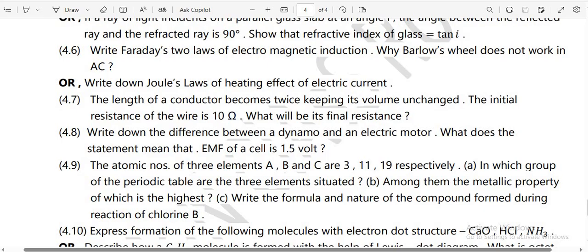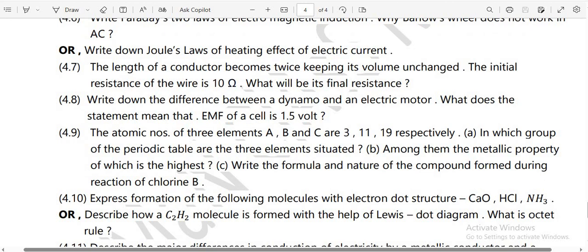Question B. Among them, the metallic property of which is the highest? Question C. Write the formula and nature of the compound formed during reaction of chlorine with B.